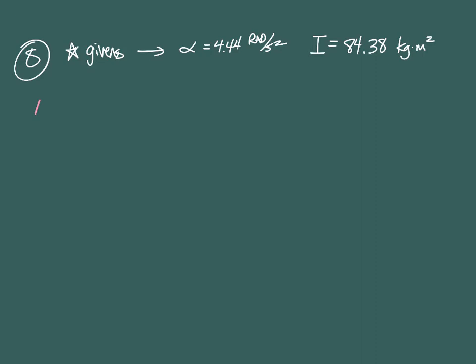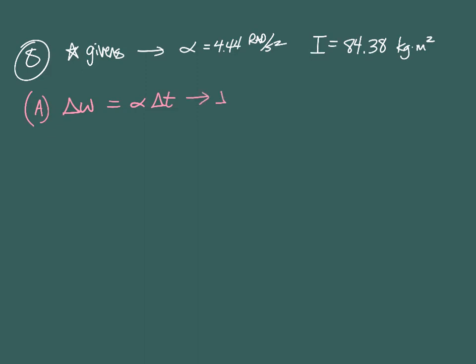So part A, how long does it take the father to give the merry-go-round and child an angular velocity of 1.5 radians per second? So I know that I have a change in angular speed that's necessarily equal to angular acceleration times time. Second zeroth law for angular motion.